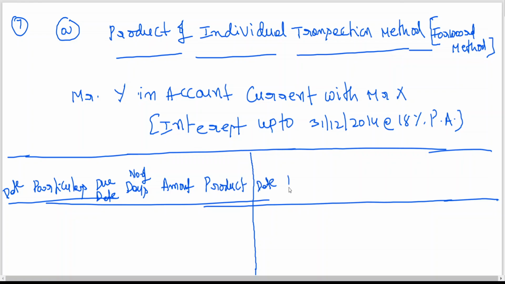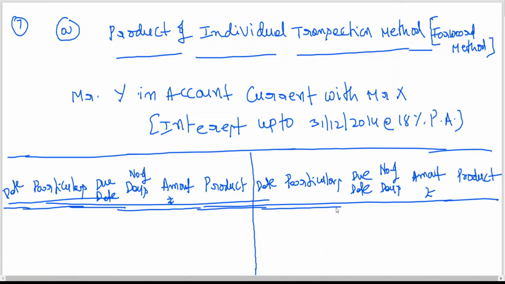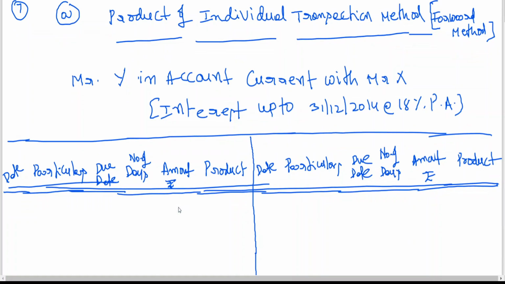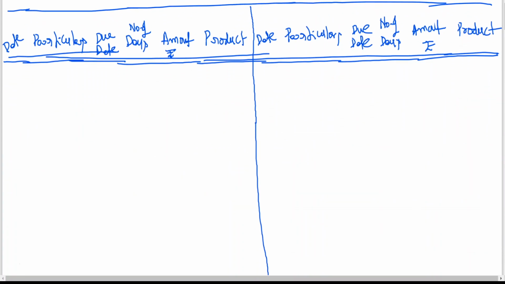Date, particulars, due date, number of days, amount, product. Clear to all of you? Right. Now let us see the problem.